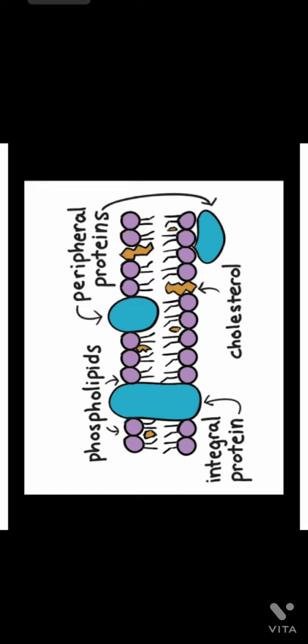There are two types of transport: active transport and passive transport. Firstly, what is active transport? Ion transport from the lower concentration to the higher concentration, and it requires energy. If we are throwing a ball from the lower part to the higher part, it requires energy. So this is active transport.